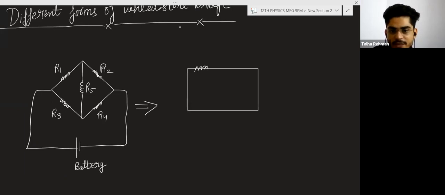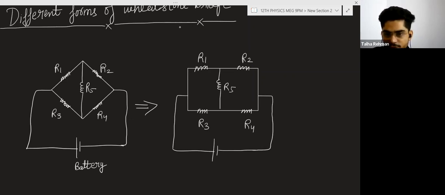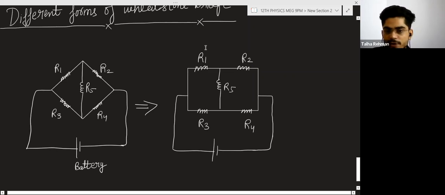He will connect a resistance here, here, here and here, and also a resistance here: R1, R2, R3, R4 and R5, and this is connected with the battery like this. The battery connection is very, very important, from where we are connecting the battery. So this combination is also the Wheatstone bridge.